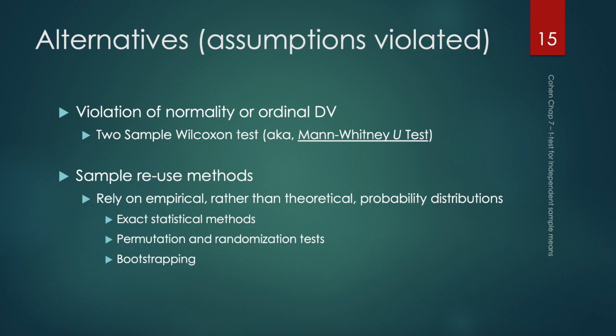These rely on empirical rather than theoretical probability distributions, so you can use bootstrapping, permutation, and randomization tests, or exact statistical methods, which I don't have a whole lot of practice with, but my coworker, Sarah Schwartz, has a lot of practice with. Ultimately, you are not out to dry when there are violations of the assumptions. It just means when you see those, you need to make a change and use a different approach.